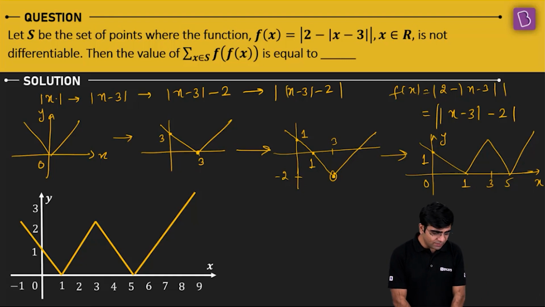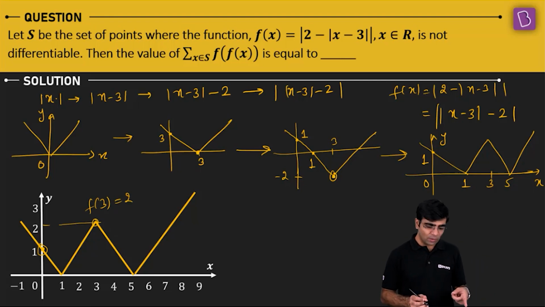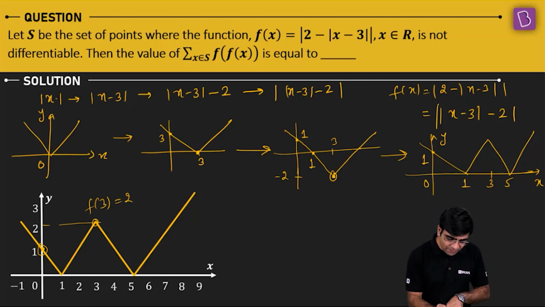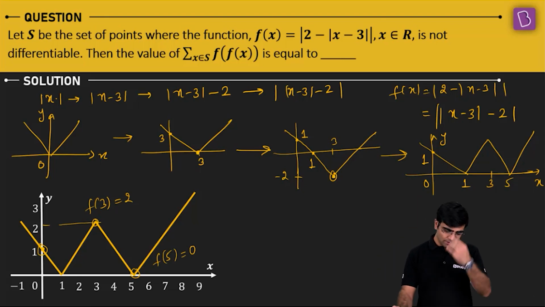You can clearly see f of 0 is 1. Then the value at 3 is nothing but 2. So f of 3 is nothing but 2. And simply f of 5 is nothing but 0. This is the situation that we are facing here. Perfect.